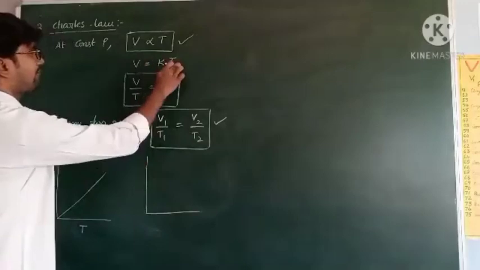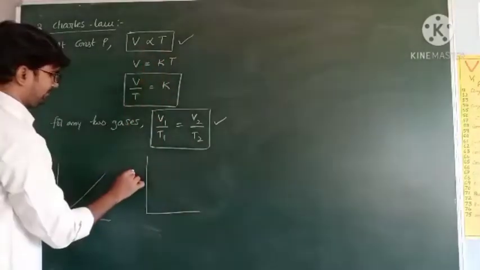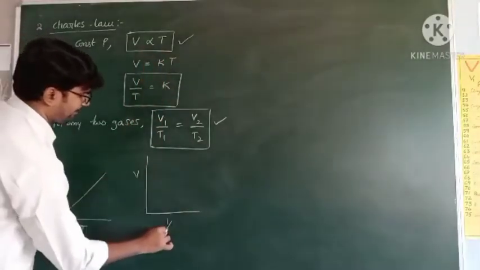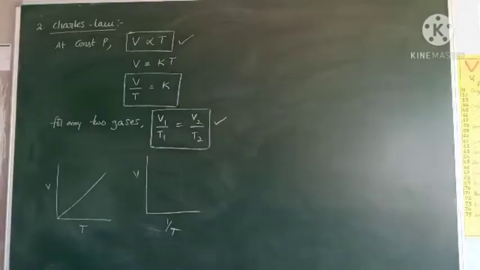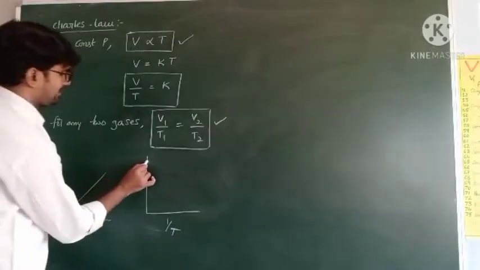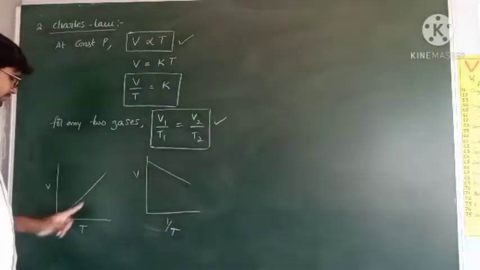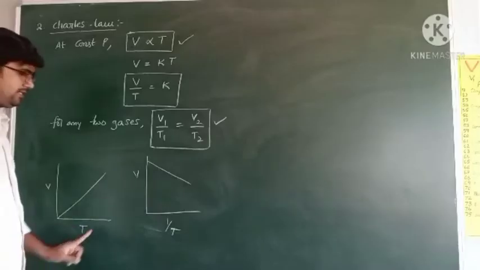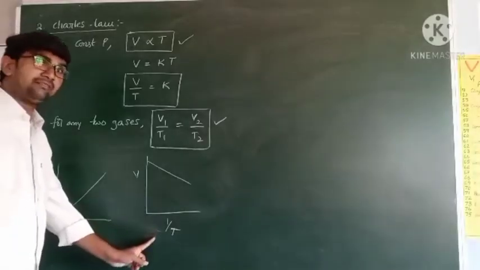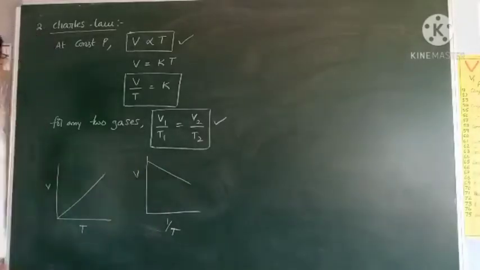For example, V and 1 by T. This is reverse graph, because this is volume and inverse temperature.